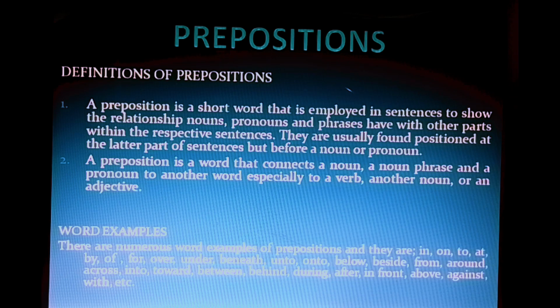Now, let's look at some examples of prepositions. What I mean is, let's look at some prepositional words.